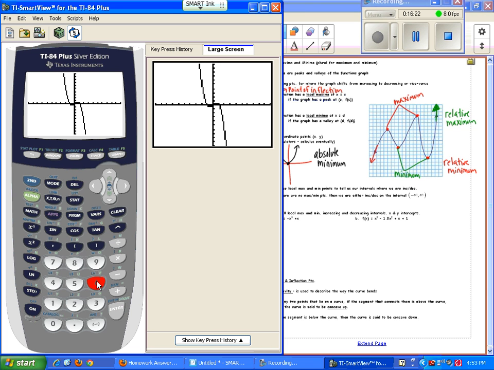For this graph, I have to find a few different things. I usually like to start by finding my maximum and minimum points. In order to find your maximum and minimum points, you can use your calculator's second trace button.